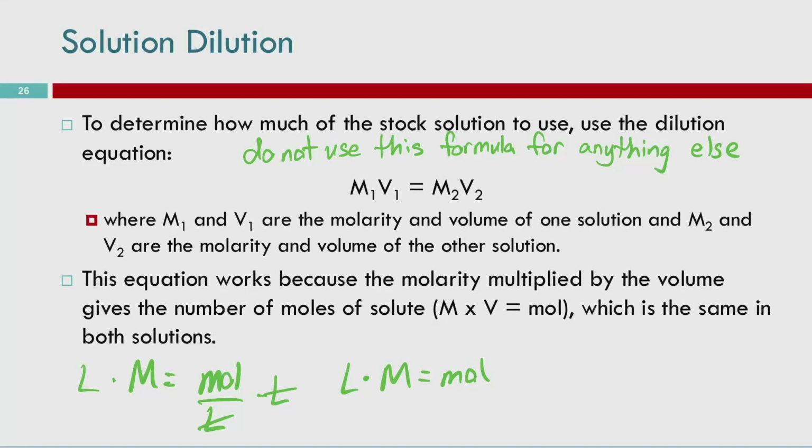It's a bigger, more dilute volume, sort of a density-related kind of topic. So in the second state, we should still have the same number of moles because we, again, didn't take anything out. We didn't do a reaction. We just spread out where it was. There's more volume. So the volume goes up, the molarity goes down. That's the reason that this works for solution dilution. And technically, it doesn't work for anything other than solution dilution.